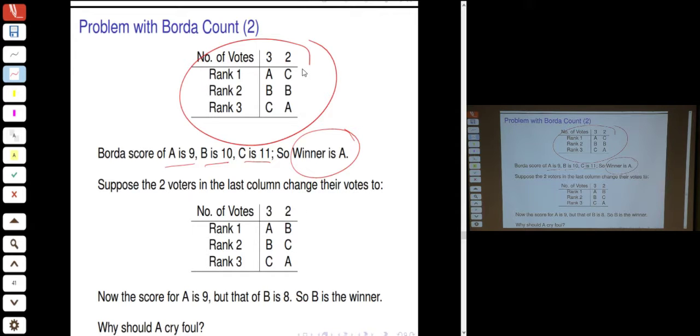What they do is that they switch their preference between B and C. Okay, the 2 voters in this column, they change their preference to B and C. So now the score of A is 9, but the score of B is 8. So B is the winner.